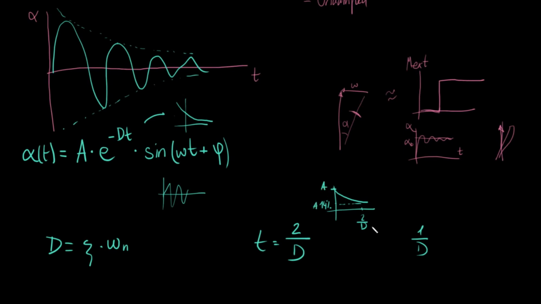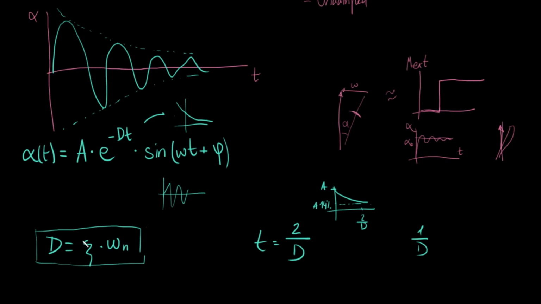So after only twice the time constant, this perturbation has practically faded away, right? And then after 3 over d, this would be like 5% of a. So more or less, 2 over d is already this perturbation has faded away. So, inverse time constant.